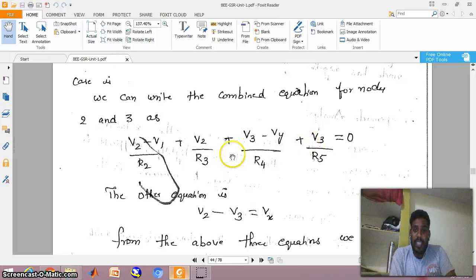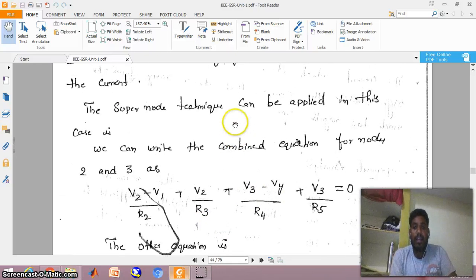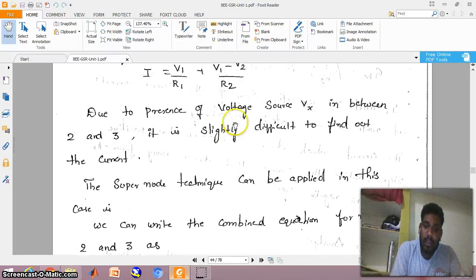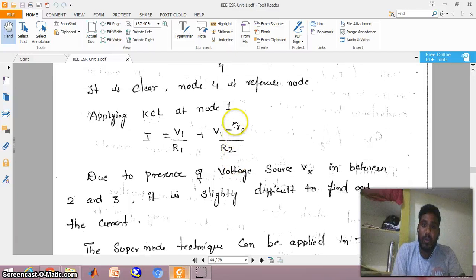So in this equation a total of 4 currents are there. At a time we wrote the leaving currents at node 2 and node 3, because those two nodes are treated as a supernode. So a total of three unknowns are there, but we wrote only two equations.